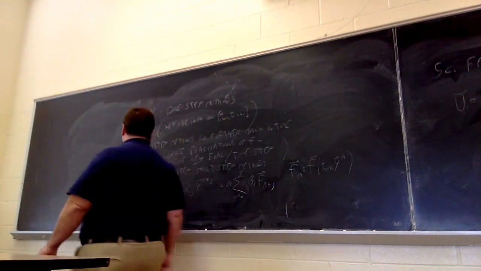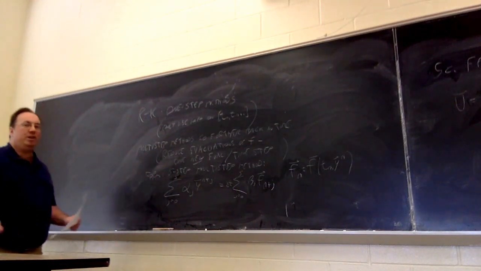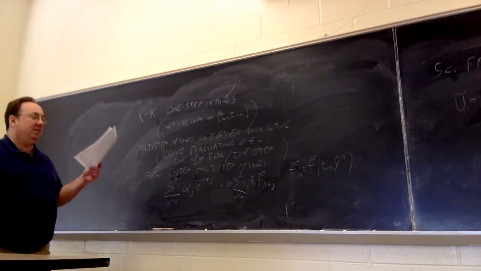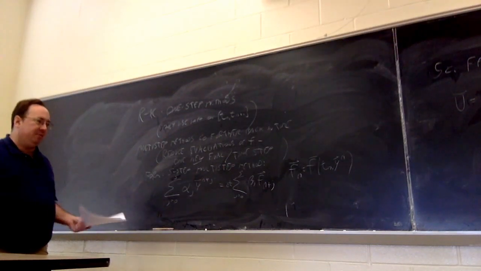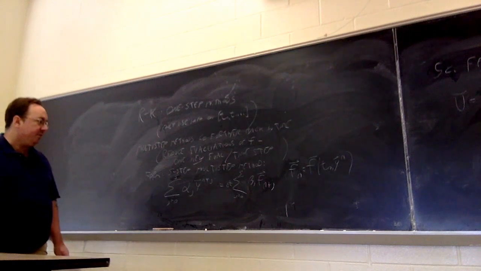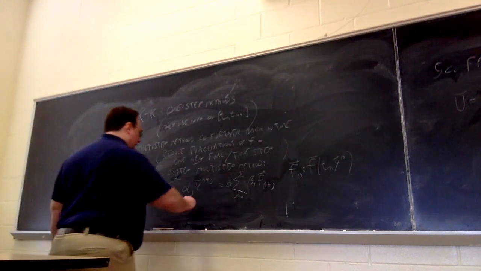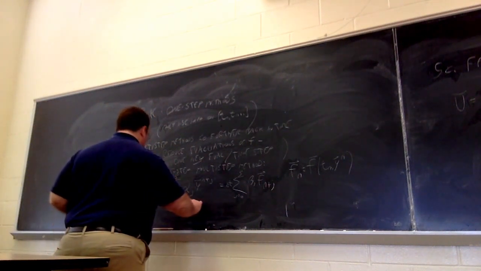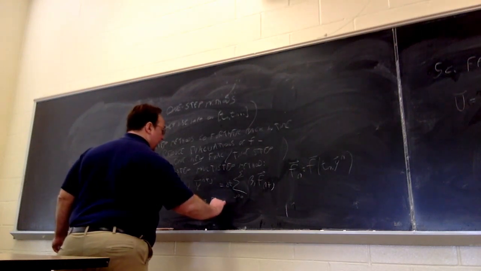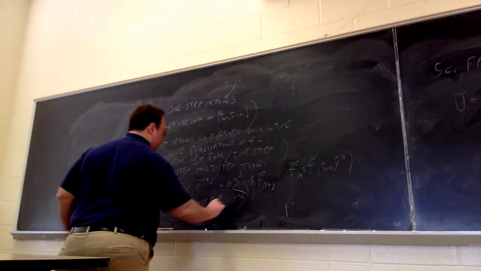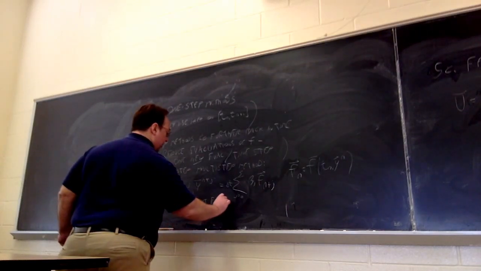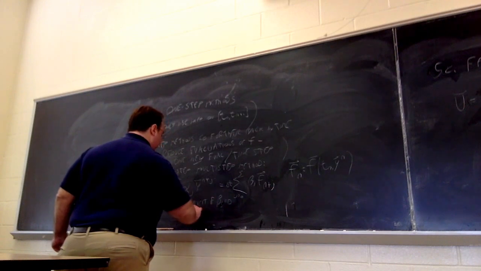So multi-step methods don't have all these weird expressions that are substituted into f like Runge-Kutta methods do. They just do tn, yn, tn plus 1, yn plus 1, and so on. Now, the method is explicit if beta s is equal to 0.